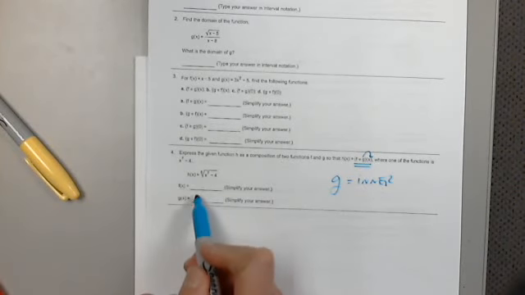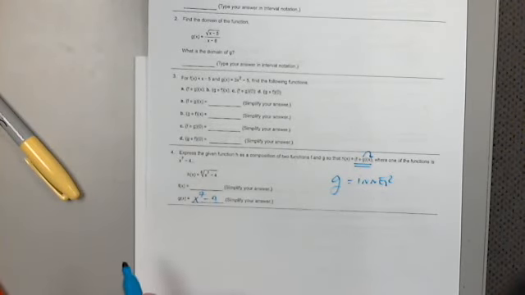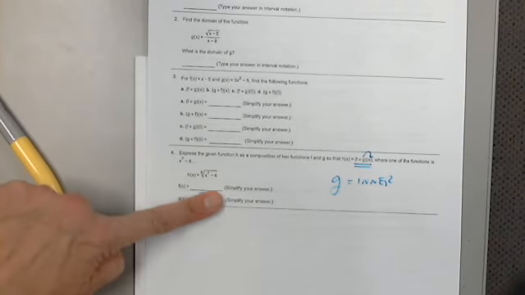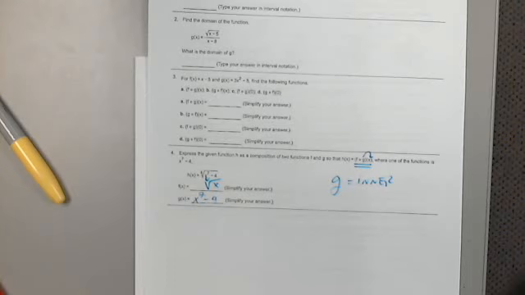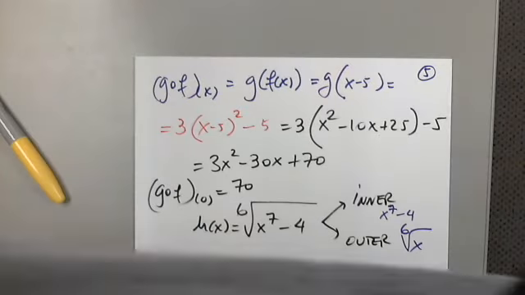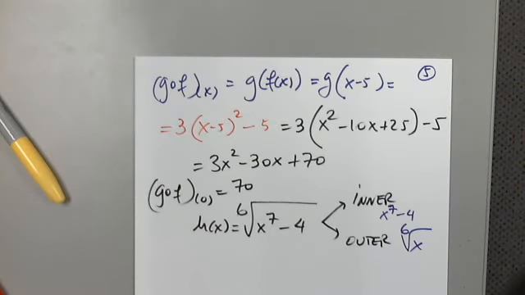So G will be x to the 7th minus 4. And when we are done with this, we apply the outer, which is the 6th root of x. In my case, I don't really care about the notation. I just want the inner and the outer. It's up to you.